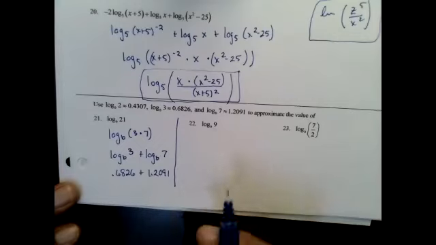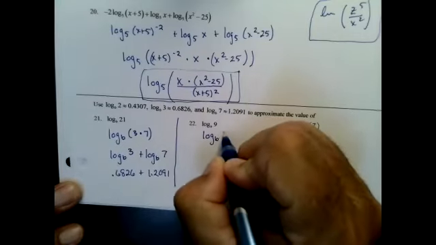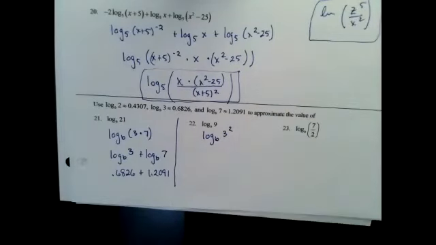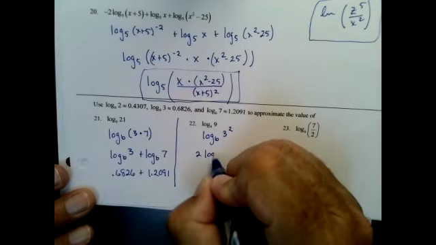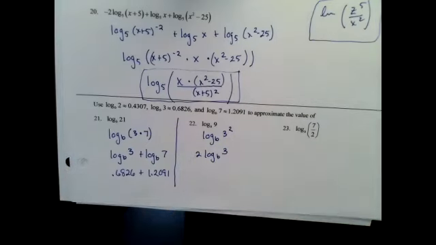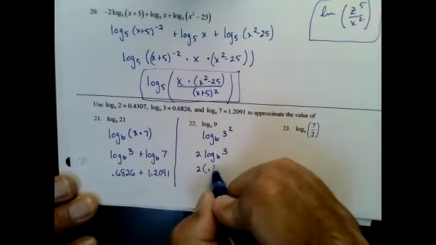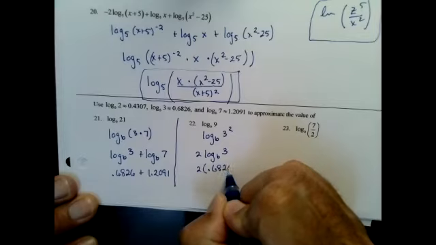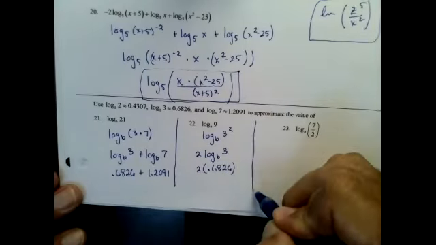For 9, I'm going to do this. This is the same as log base b of 3 squared, which is 2 times log base b of 3. Isn't that clever? 2 times 0.6826. And again, I'm not going to grab my calculator.